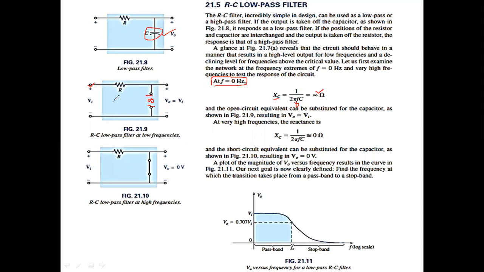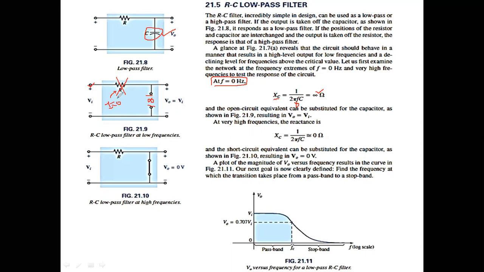So no current will flow. I will be equal to 0. When I is equal to 0, it means there will be no drop in the resistor as well. No drop, because the drop in any element will occur if and only if current is passing through that element.